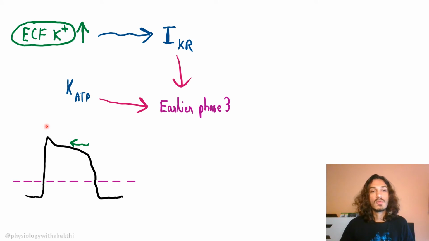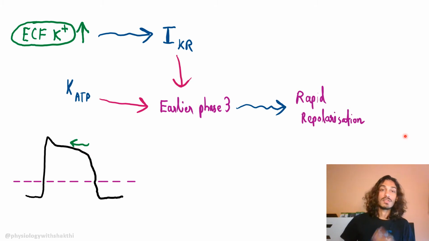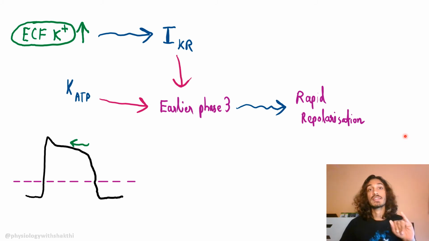This is phase 0, 1, 2, 3, and this is baseline phase 4. Phase 3 becomes a little earlier, and that results in rapid repolarization. This is why in MI there is rapid repolarization. So we already covered why there is a decrease in RMP and why there is rapid repolarization.